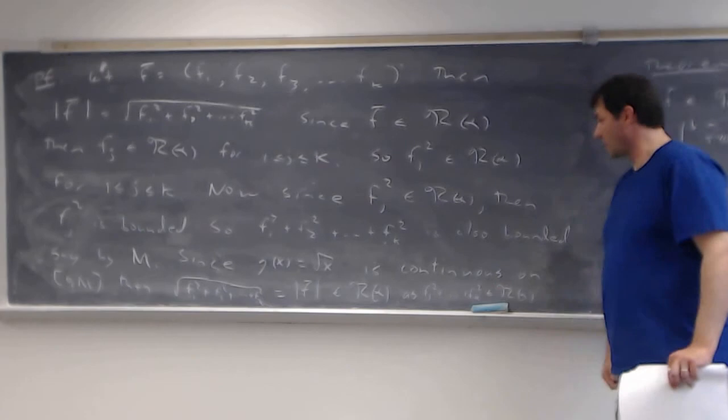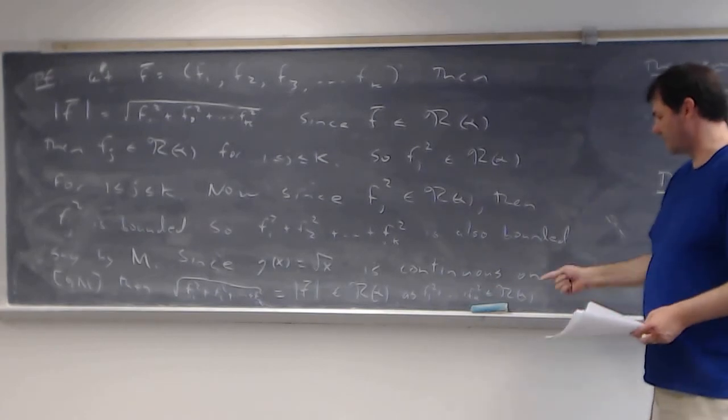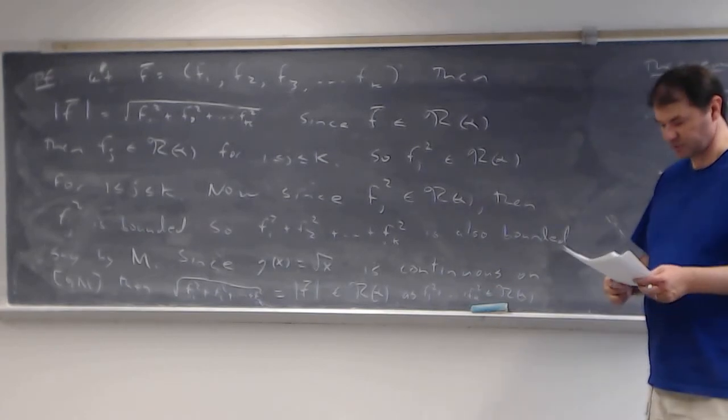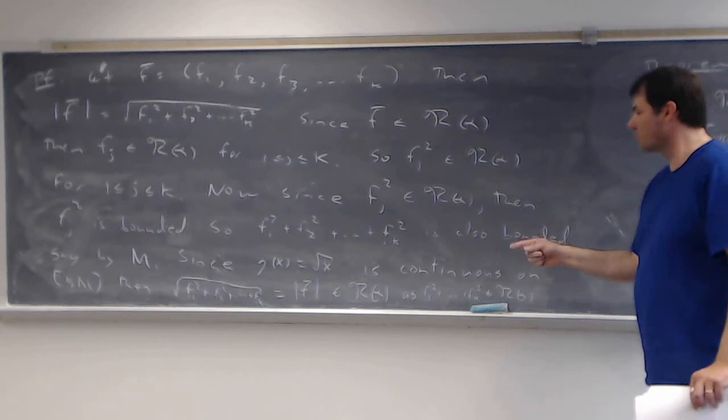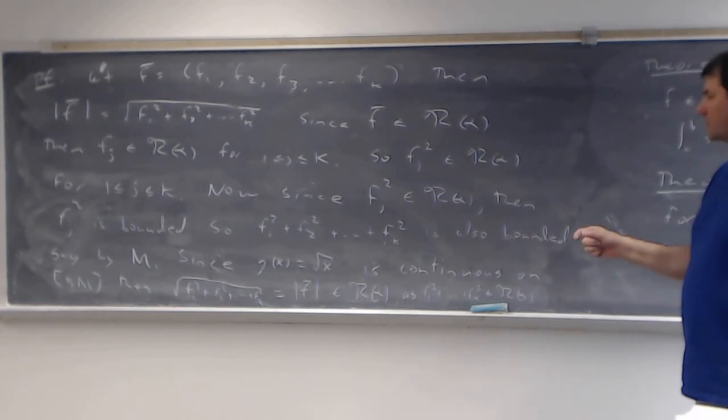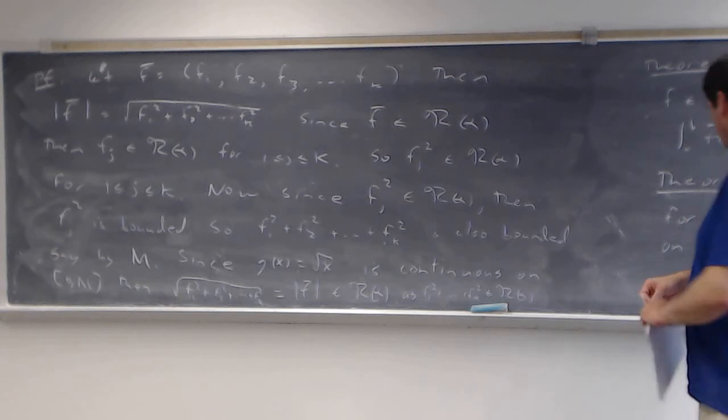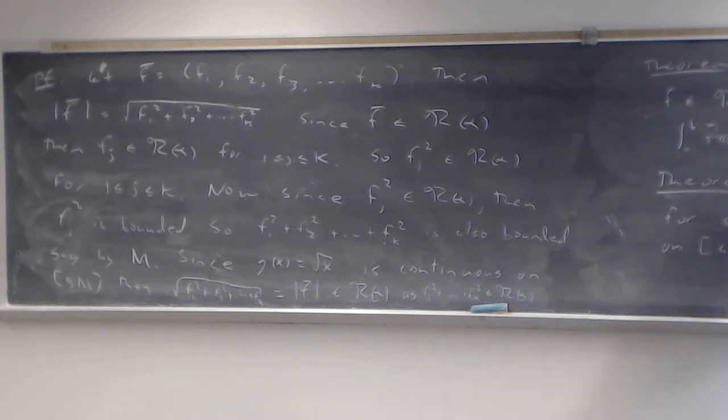Because if you add a bunch of Riemann-Stieltjes integrable functions with respect to alpha, you get something that's Riemann-Stieltjes integrable. Okay, so what that just showed is that the norm of f bar is Riemann-Stieltjes integrable. That's wonderful. That's part of the theorem.